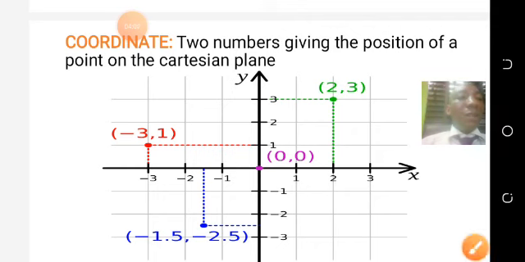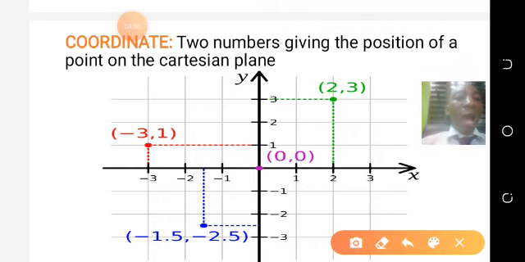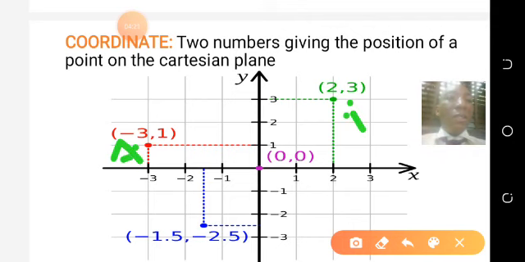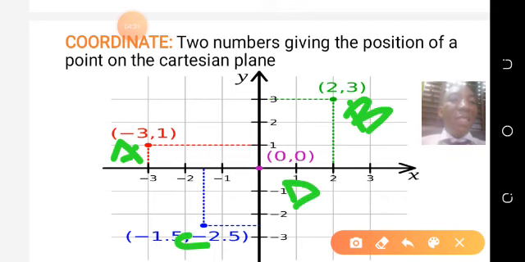For instance, on this, we have 4 points. Let's call them coordinate A, coordinate B, coordinate C, and coordinate D.